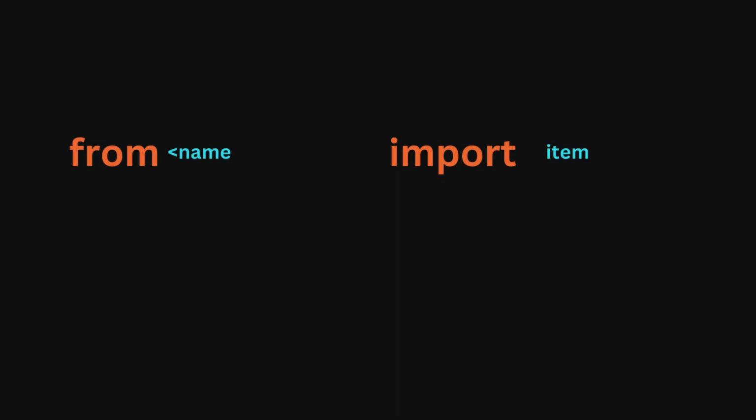Another way to import a module is to use the from keyword followed by the name of the module, then the import keyword, and finally the specific items you want to import from the module. This method allows you to import specific functions, classes, or variables directly into your current namespace without needing to prefix them with the module name. Let me try to explain what I mean by that.